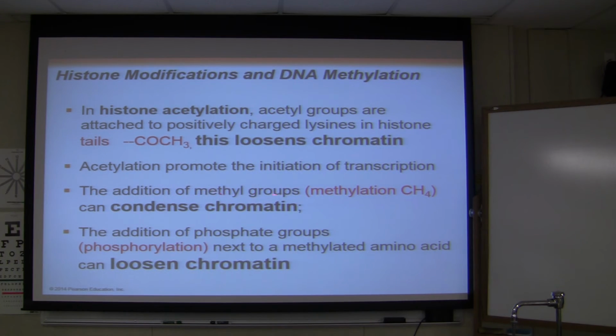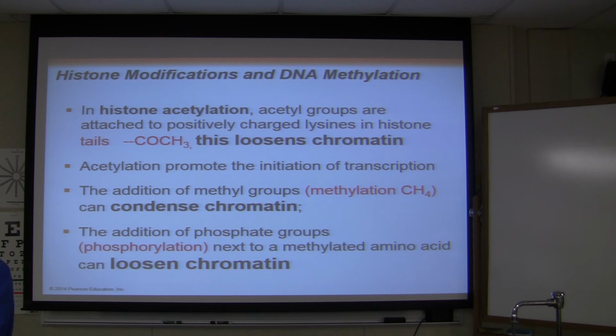The addition of a methyl group right here, methylation, can condense chromatin. This is another functional group I gave you at the beginning of the semester. I was hoping you'd know them for the rest of the semester. So when you add a methyl group, CH3, what will it do to the chromatin? It will condense it.